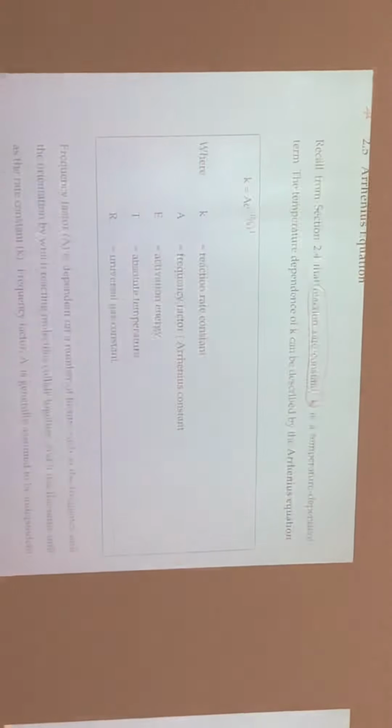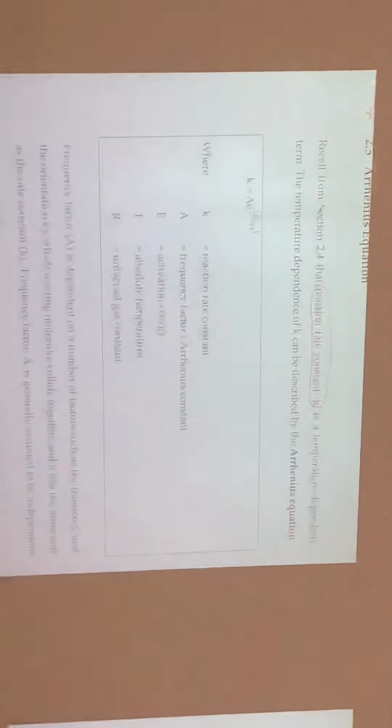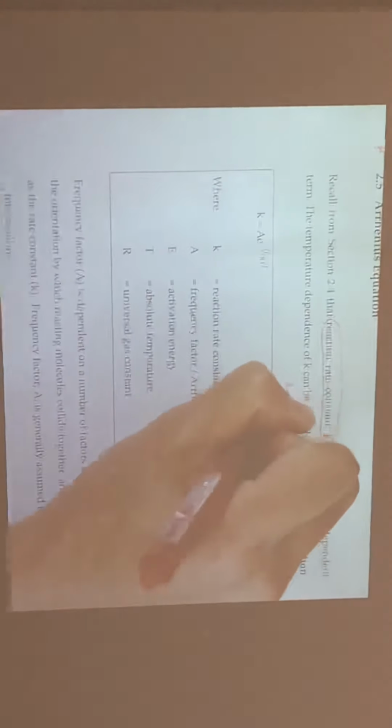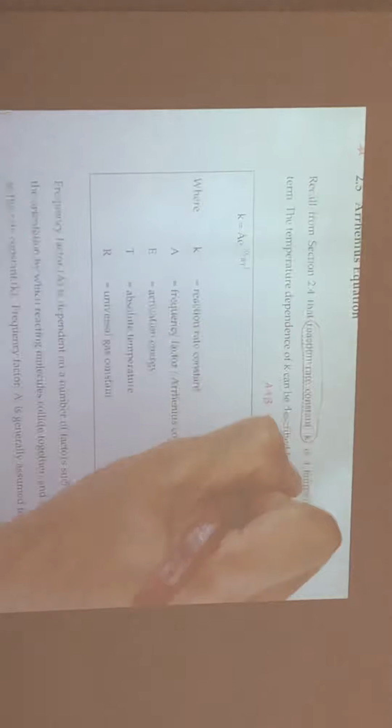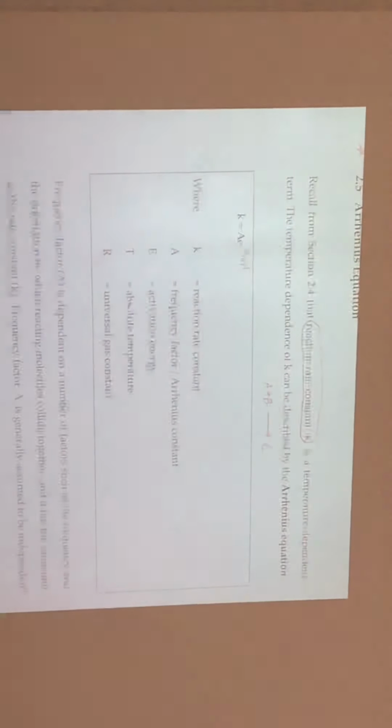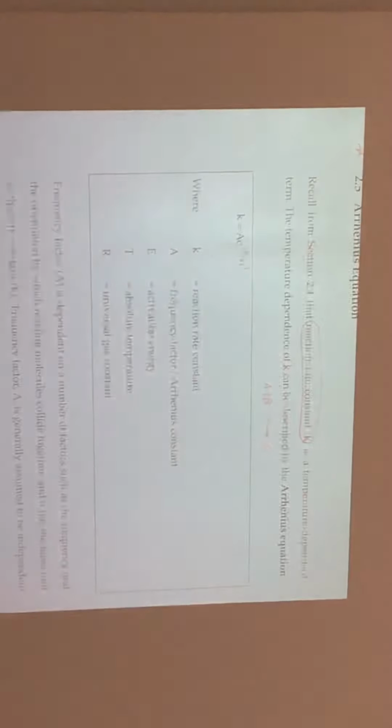In order to carry out the reaction, for example A plus B to give C, the molecules must have enough collisions in order to have A attack B, to give you the product C.